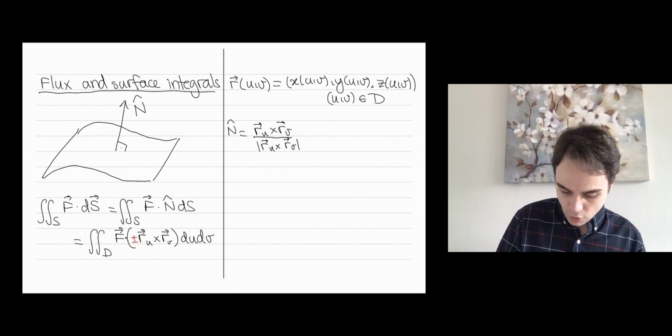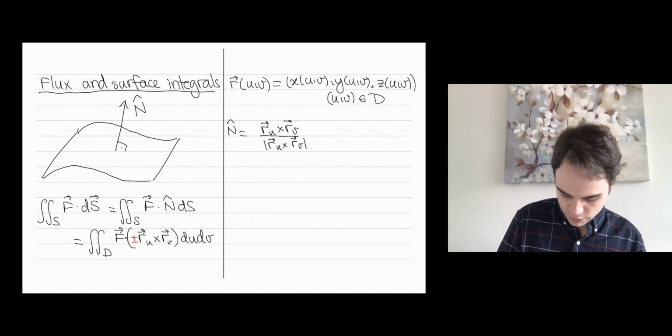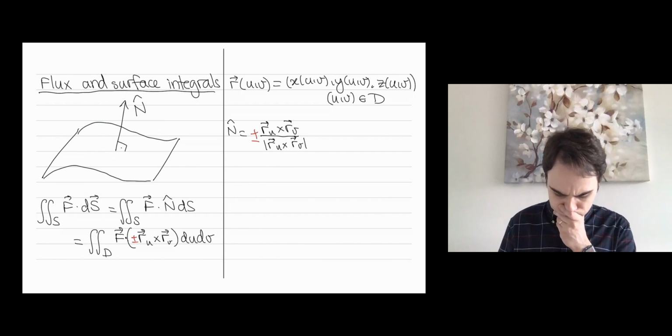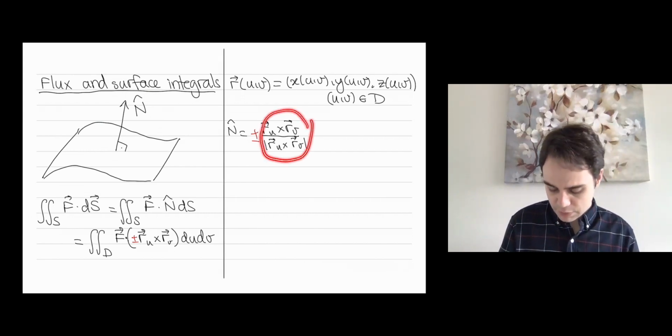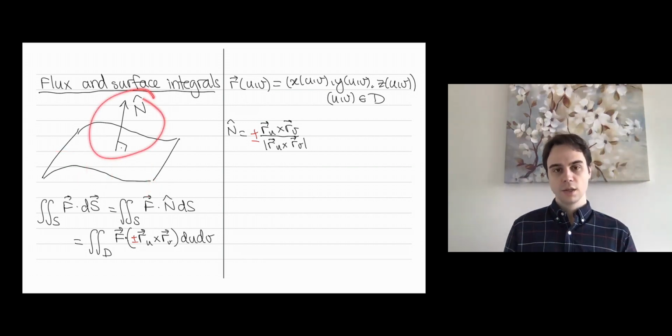Now, this may or may not be the unit normal that I'm using to compute the flux, that I chose to specify the sign of the flux at the end. But in any case, this gives me a bunch of unit vectors, which could maybe be minus the one I'm interested in.